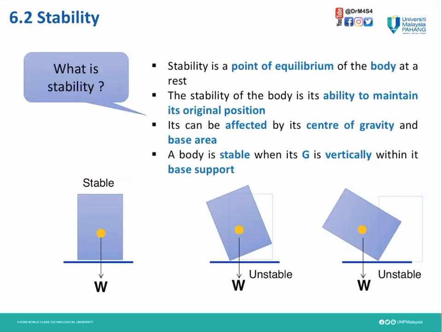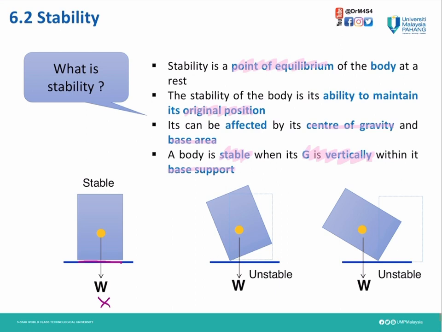So what is stability? Stability is a point of equilibrium of the body at rest and its ability to maintain its original position. It can be affected by its center of gravity and base area. A body is stable when G is vertically within its base support. As you can see in here, the base support is bigger.